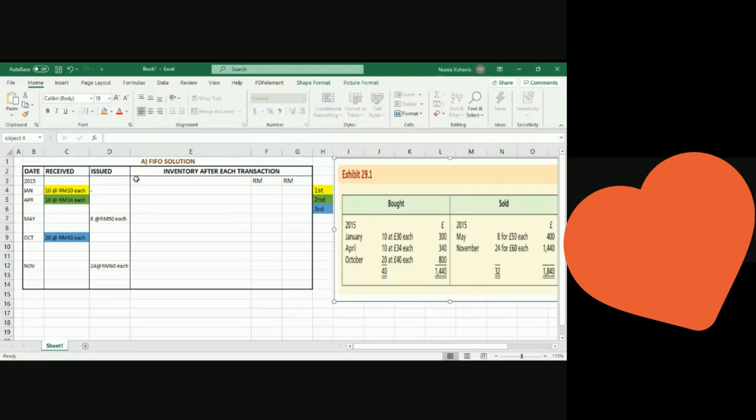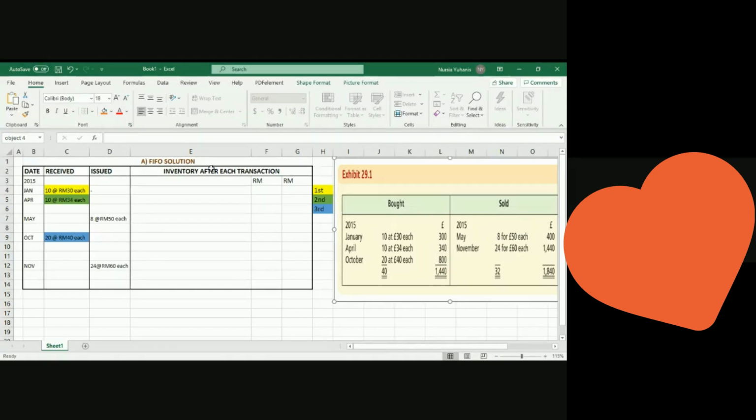I have one more column for calculating inventory after each transaction, meaning after you purchase or sell, how many are left in your company. On this side I put the question, so you can see the question and answer side by side.